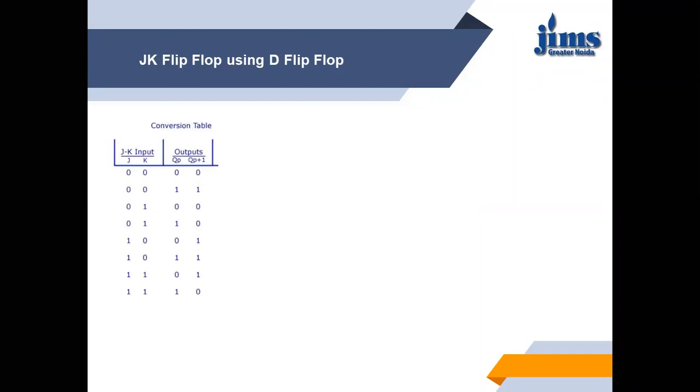J, K and Q are the inputs and Qn plus 1 is the output here. With 3 inputs, we have 8 combinations. So you see 0 0 store, 0 0 store, 0 1 reset, 1 0 set. Here it is wrongly written, sorry, it will be set, and 1 1 it will be toggle, means 0 to 1 and 1 to 0.